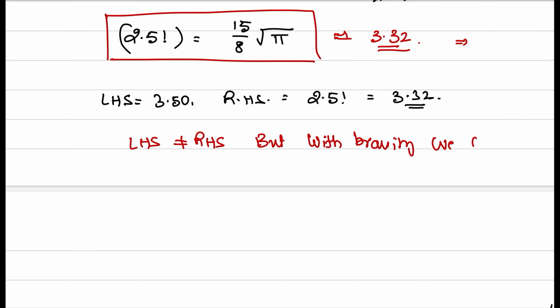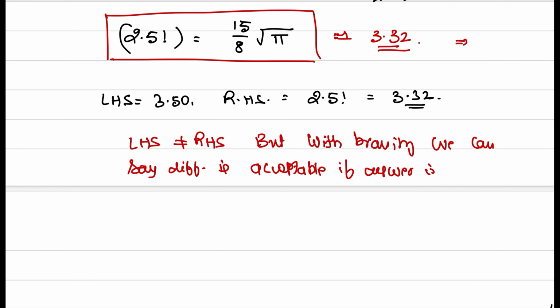we can say the difference is acceptable if the answer in one digit is required.